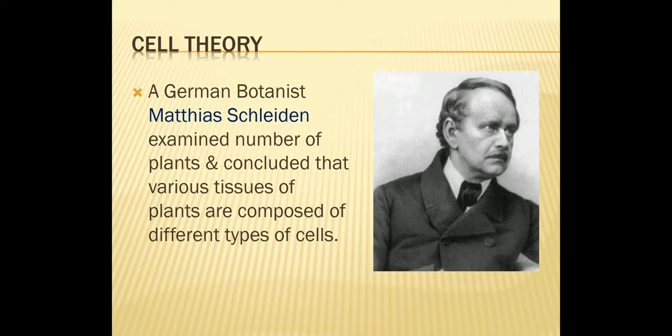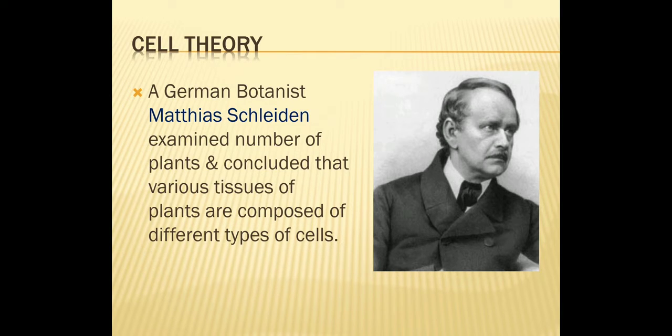A German botanist, Matthias Schleiden, examined a number of plants and concluded that various tissues of plants are composed of different types of cells.